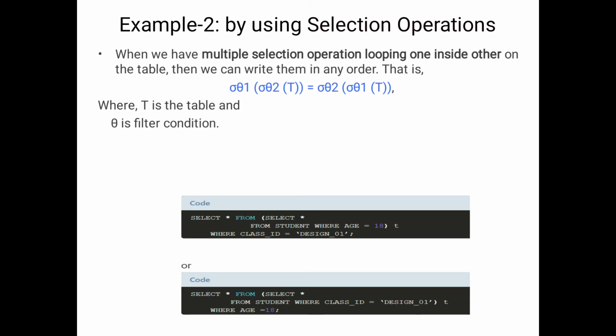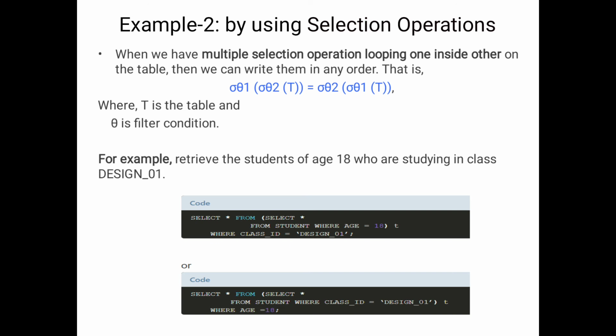Sorry, theta and t. Here t means the table, and theta is used to filter the conditions. Our query is to retrieve the students of age 18 who are studying in class design 1. These two queries produce the same result, but we can apply some interchangeability. This is the example of selection operations.